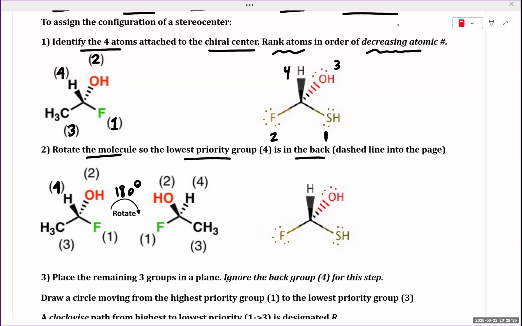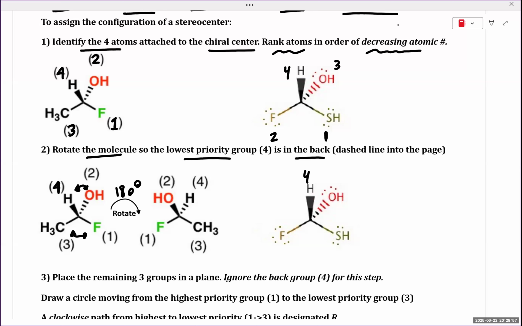One quick way to do these kinds of rotations is to swap 2 of your groups and then swap another 2 groups. So in this case, we swap the fluorine and the carbon, and then we swap the oxygen and the hydrogen. This is one way to do rotation using just pen and paper.